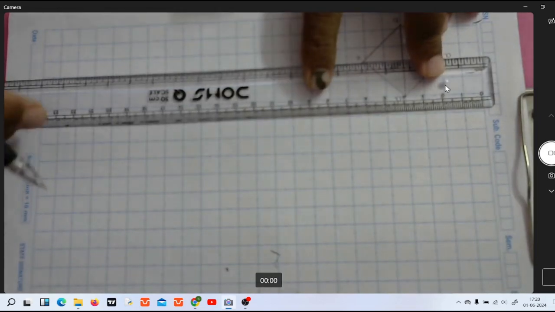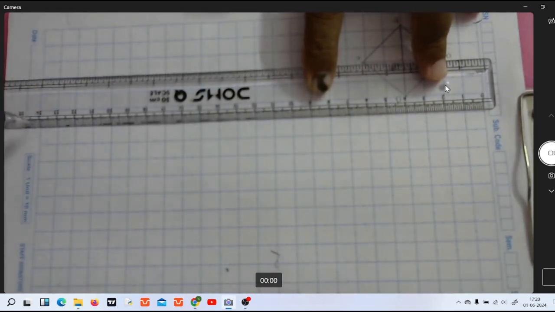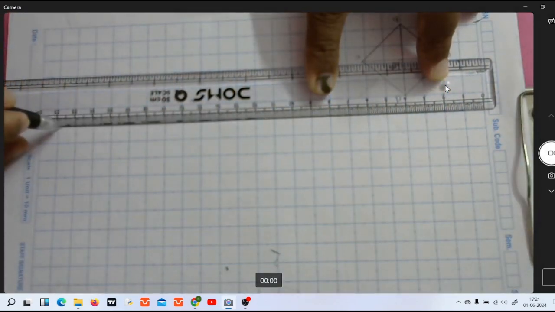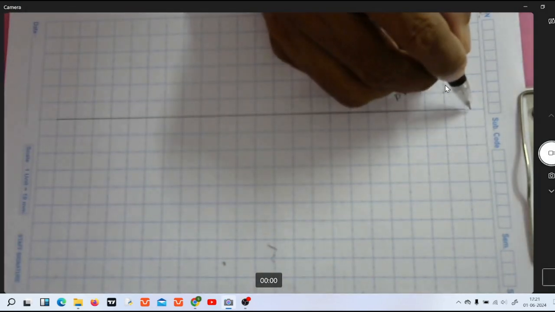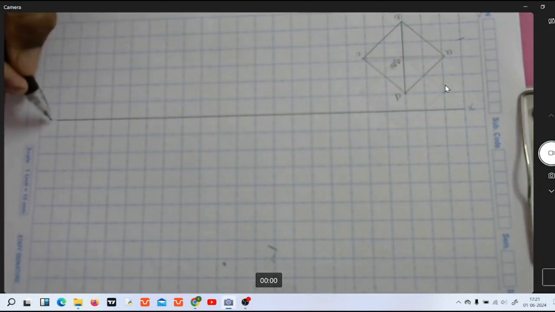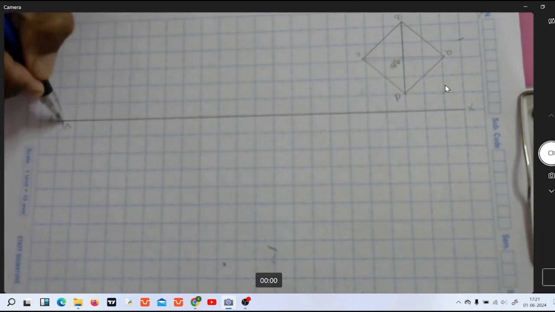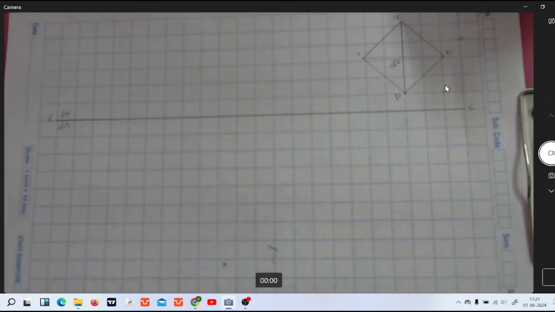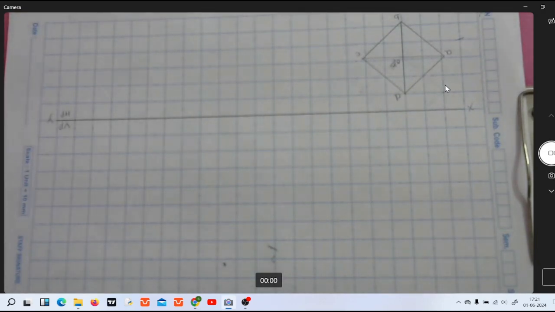Now let us draw the XY line. Mark X, Y, VP, HP. Now the height of this pyramid is 65 mm.